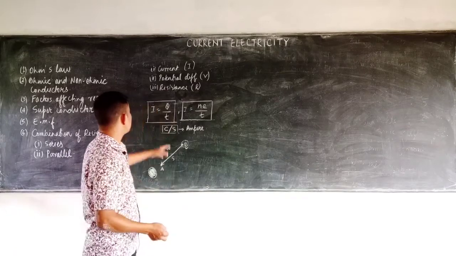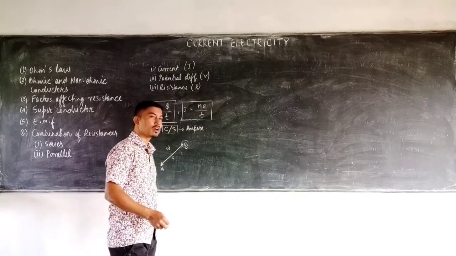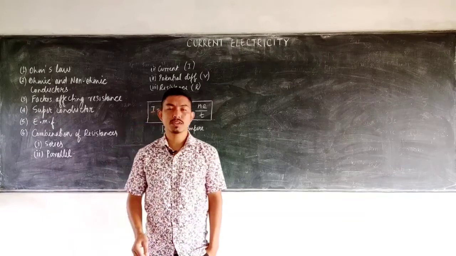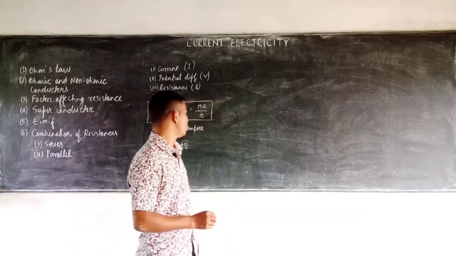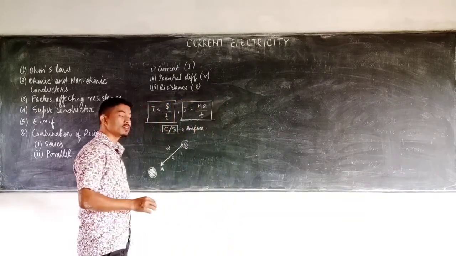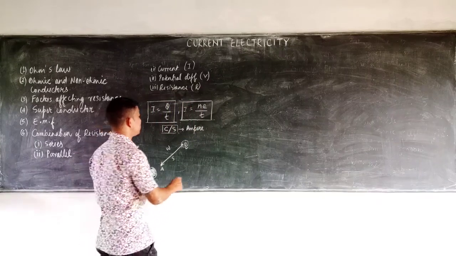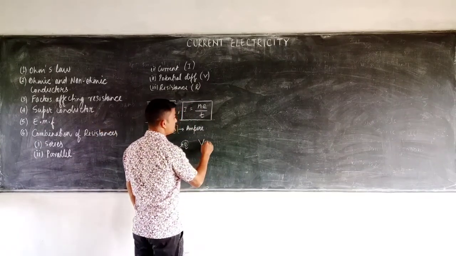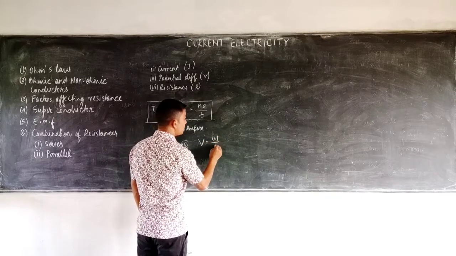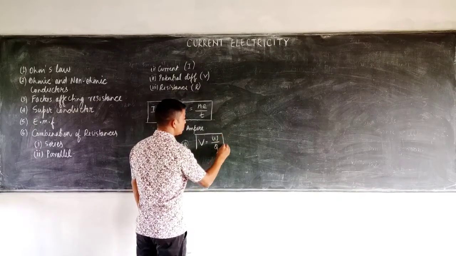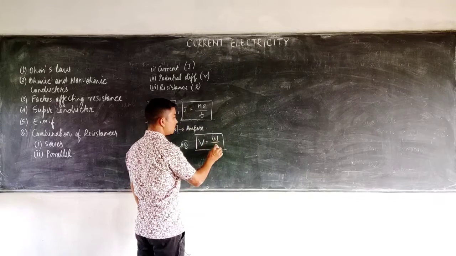Thus we can say that the potential difference is the work done in bringing a unit positive charge from infinity to a given point. So the potential difference is the work done per unit charge. Therefore the potential difference is given by V is equal to W divided by Q.